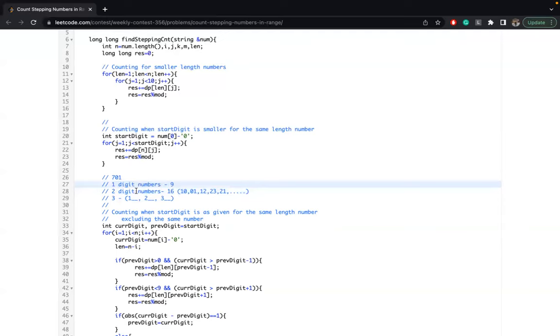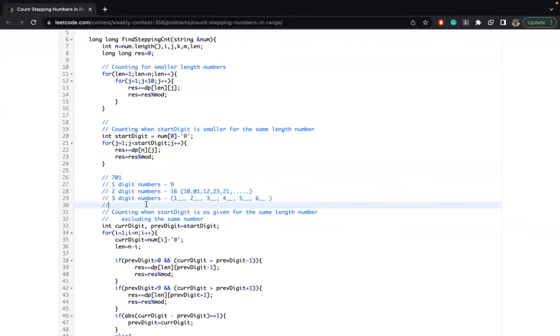You have found out 1 digit numbers, 2 digit numbers, and here for 3 digit numbers you will not find for all, but you will find for every number starting with less than 7. Will you look for this as well? No, you will not look for this. So till 6 I'll look if I have to find all the stepping numbers till 701.